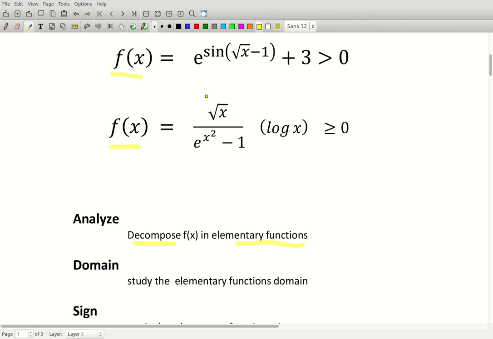Here I can decompose this one into a square root, and I don't know how it works, a square x, I know how it works, and an exponential. I can combine them to see how they work, and after add a constant function. So I can divide this into 3 pieces, and I can work with them.